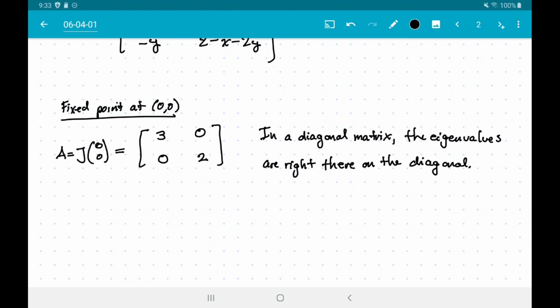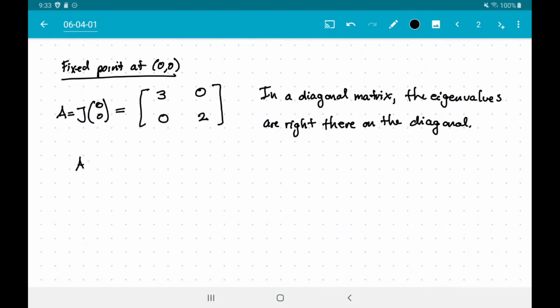The eigenvectors are easy to pick out, right? If A is equal to a diagonal matrix like this, then A times E1, right?